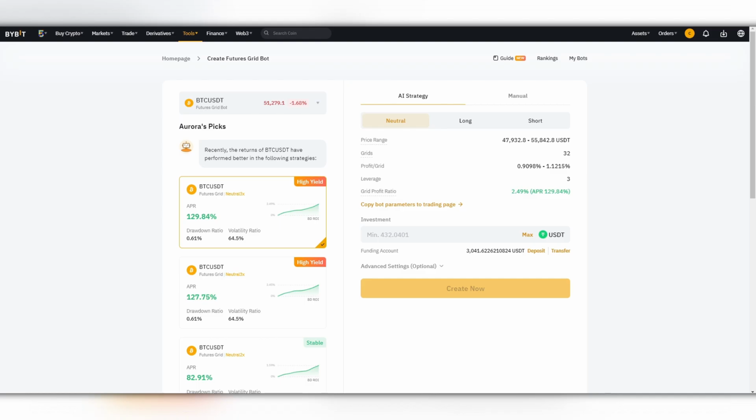By default, we have the AI strategy open on the bot in Bitcoin. There are 3 types of strategies: neutral strategy, long strategy, and short strategy. In the long strategy, the bot buys cheaper and sells more expensive. In the short strategy, it sells at the current price and then rebuys when the price falls.